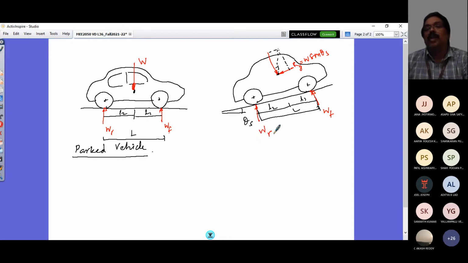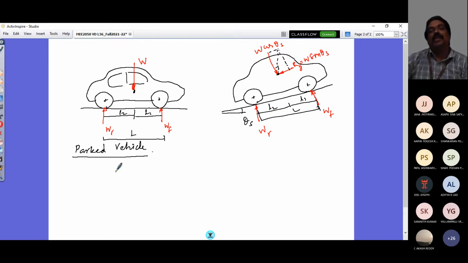WR. This is to support this component, which is W cos theta S. This is the load now on the vehicle, pushed down on the ground, and that's supported by this WF and WR. So the values of WF and WR here can be simply obtained from your free body diagram, right?